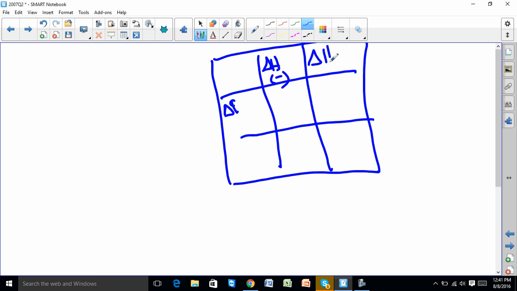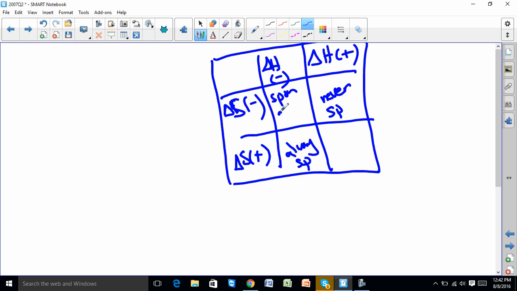Delta H is negative, delta H is positive, delta S is negative, delta S is positive, and we know that nature likes exothermic reactions that get more disordered, so this is always spontaneous, thermodynamically favored. Endothermic reactions mean it doesn't happen on its own. You got to put energy in, and it's getting less disordered. This is never spontaneous, and then this is spontaneous at low temp, and this is spontaneous at high temp.